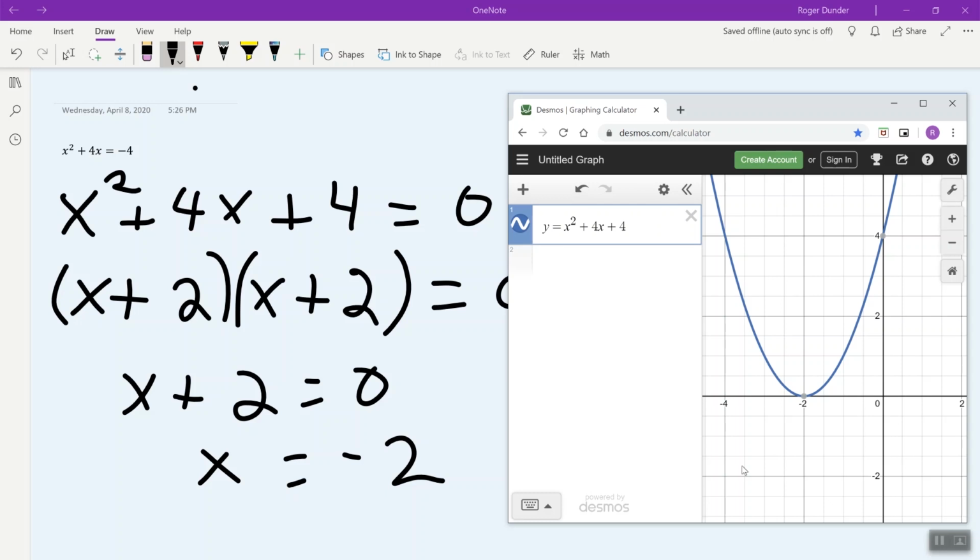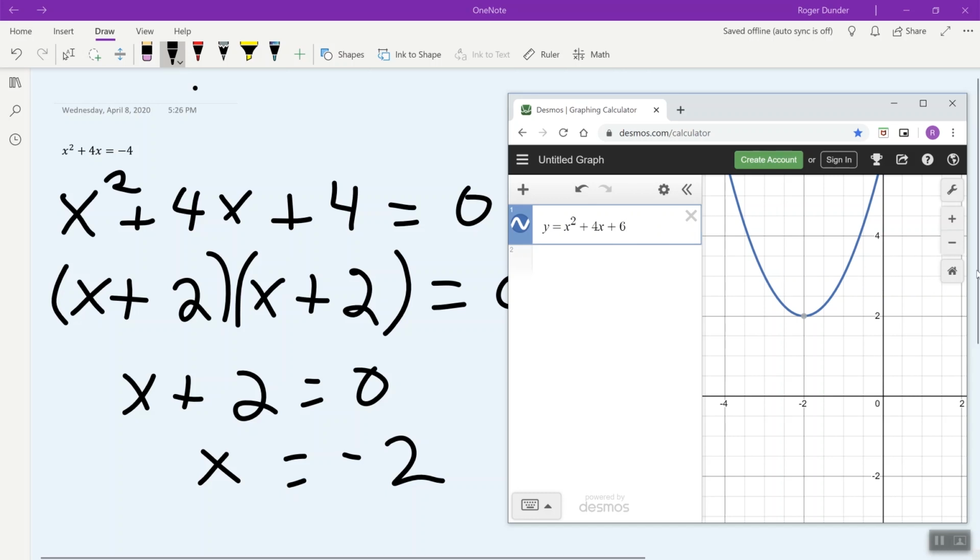Now, I think you can see that if this wasn't +4, what if it was plus maybe 6? Notice what just happened. It jumped upward. Does this graph now have a root? Does it have a 0? Does it ever cross the x-axis now?